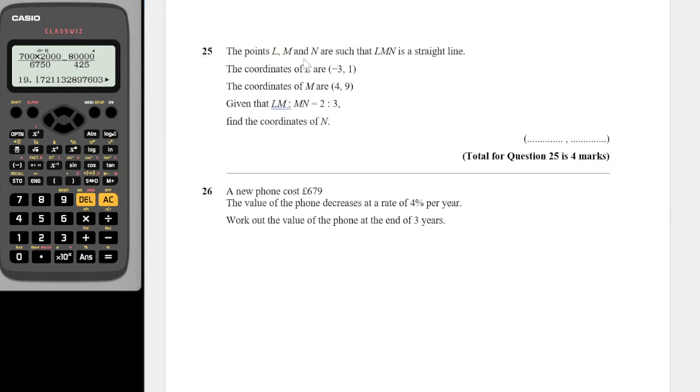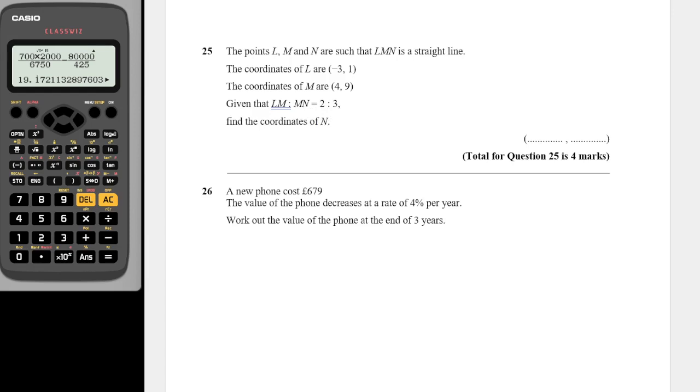Question 25. The points L, M, and N are such that L, M, N is a straight line. The coordinates of L are -3, 1, and the coordinates of M are 4, 9. Given that the ratio of L to M to N is 2 to 3, find the coordinates of N. Okay, so we work out the difference in the coordinates between L and M first.